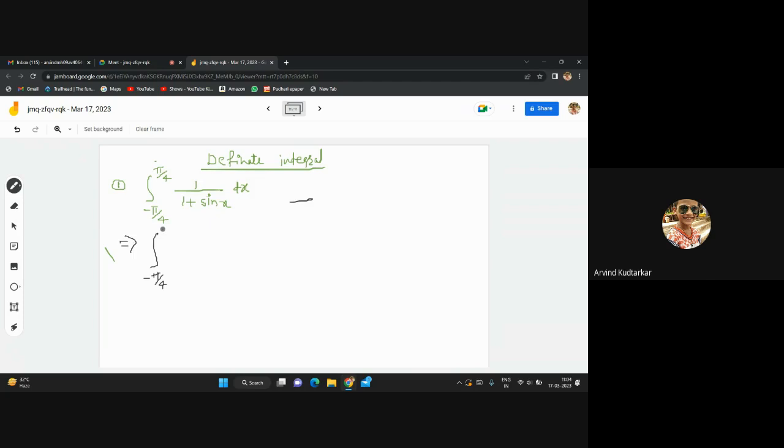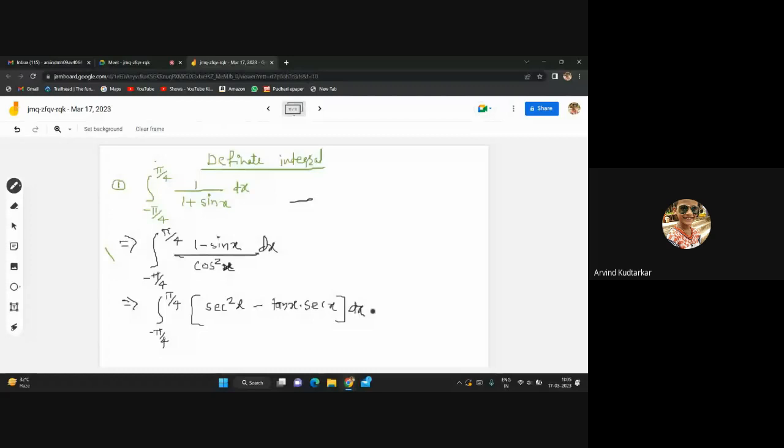So 1 by cos square is sec square x, minus sin by cos is tan, into 1 by cos is sec x, into dx.